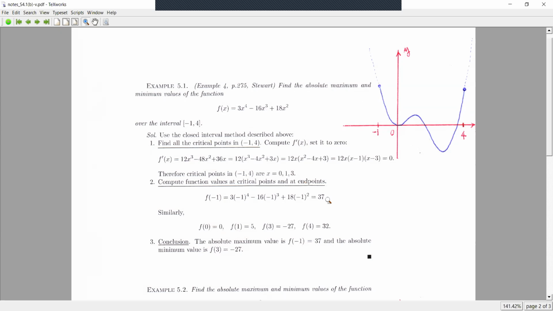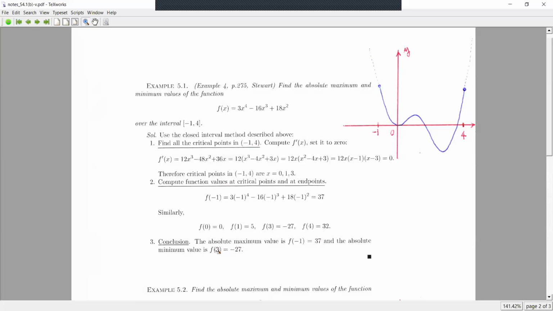The smallest function value in step 2: 37, 0, 5, -27, and 32. The smallest is -27. So the absolute minimum value is -27, attained when x is 3.